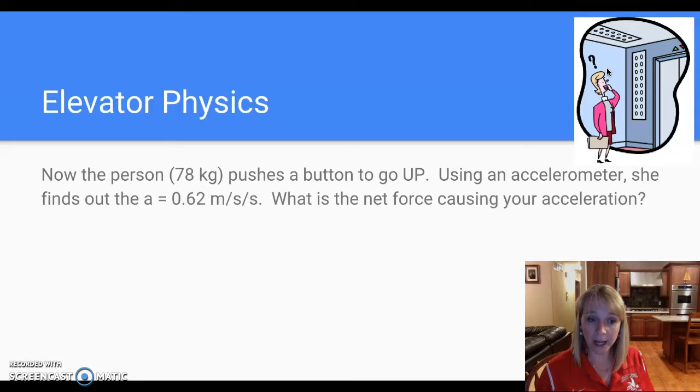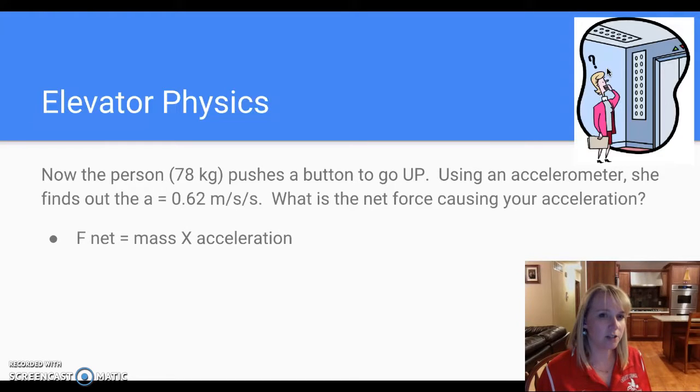Now, let's say you push the button to go up, and you see an acceleration right away of 0.62 meters per second squared. We want to know what the net force is that is causing you to go upward. We look at our formula, net force equals mass times acceleration, which is just rearranging Newton's second law to solve for forces.